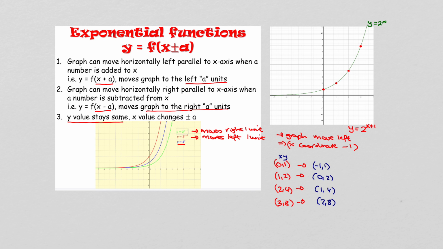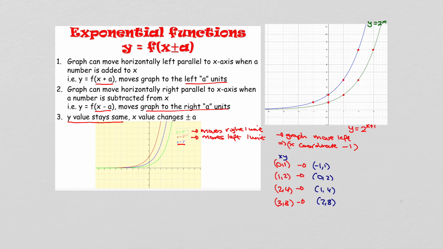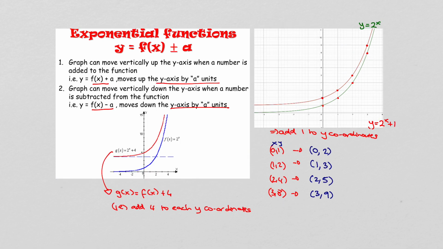We plot them on our graph and then sketch our graph, and we make sure that we label our new graph. This one here in blue is y equals 2^(x-1). What we can see is that each point has shifted left. Whereas if we go back to the previous one, each point has gone up 1.